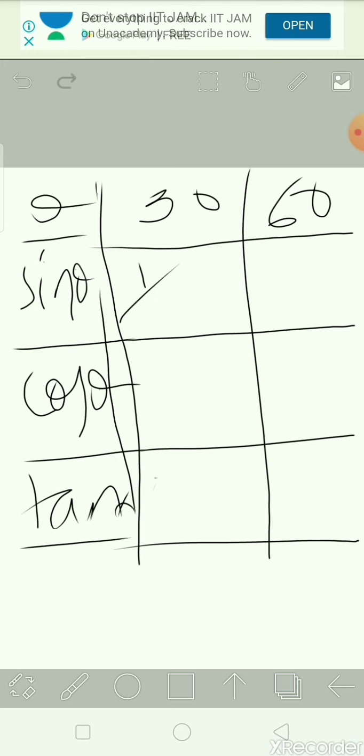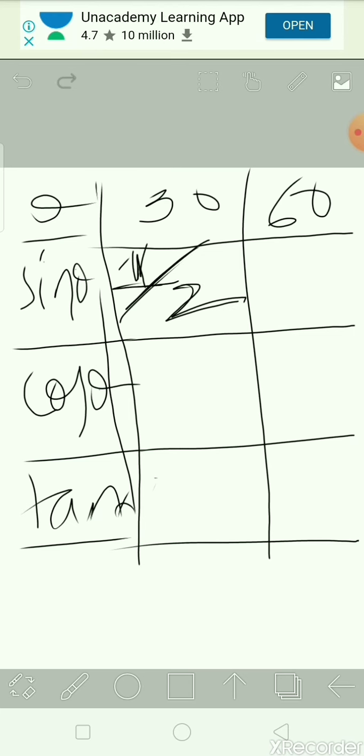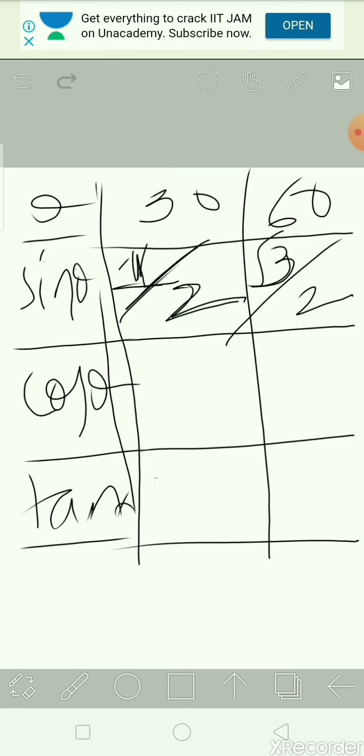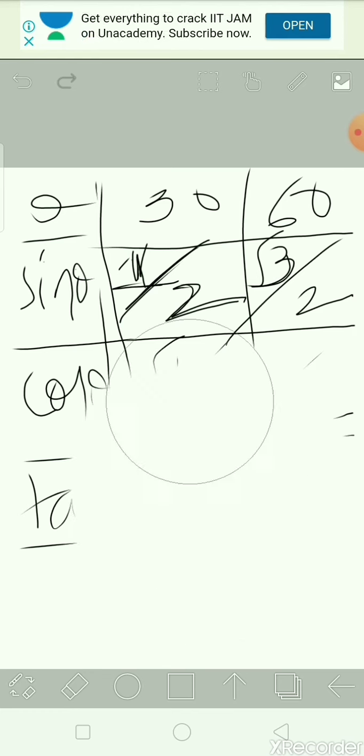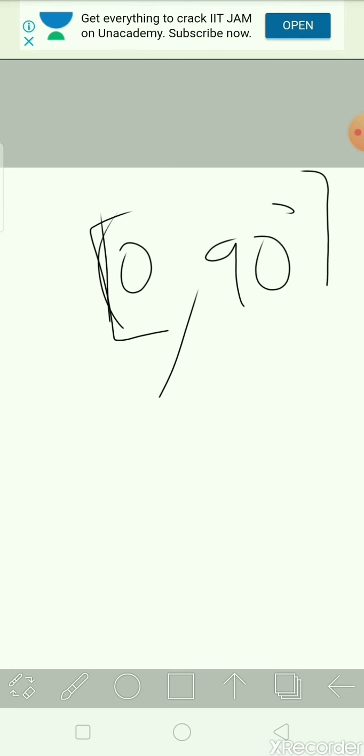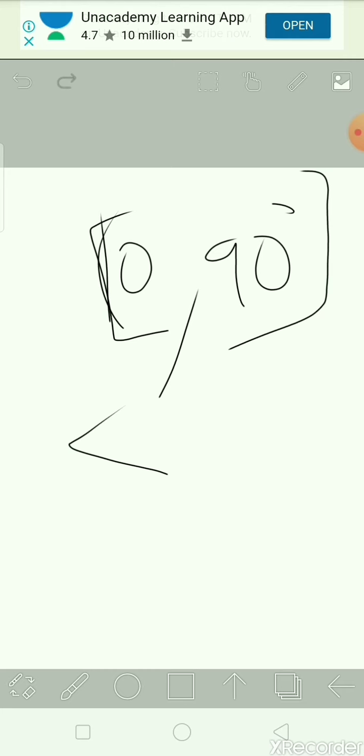So sine 30 is 1 by 2, sine 60 is root 3 by 2, and here tan 30 is 1 by root 3 and tan 60 is root 3. So we have covered all the angles from 0 degrees to 90 degrees, trigonometric functions of theta where theta is from 0 to 90, but theta can be less than 0 and can be more than 90. We are not going to cover this in this video.